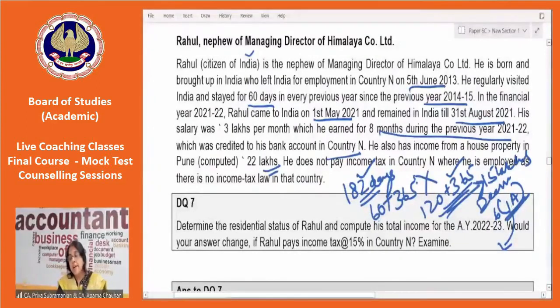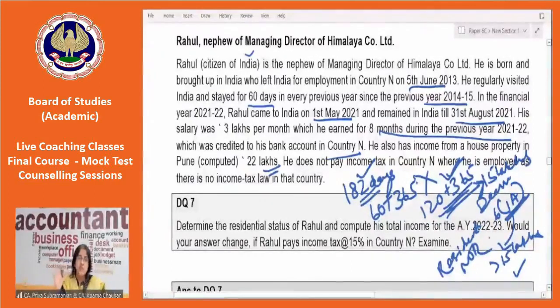A deemed resident is a citizen of India who does not pay tax anywhere outside India. In such a case, if that person's Indian income exceeds 15 lakhs, he would be deemed resident. Both in this 120-365 case as well as in a deemed resident case, the person would be resident. If the person is a resident, by default, he would be resident but not ordinarily resident, without going into any further condition.